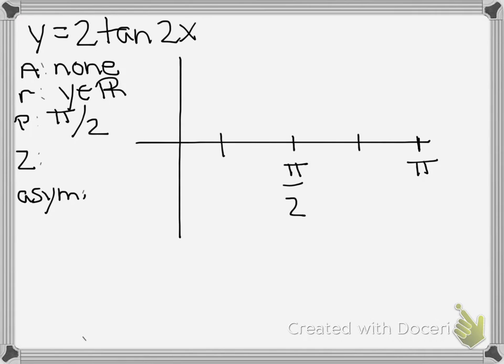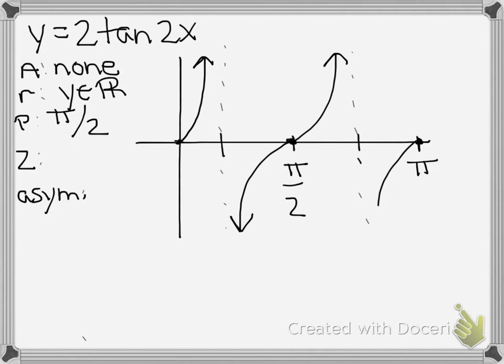But with tangent, your zeros are always going to occur at your endpoints and your midpoint, and your asymptotes are going to occur at these quarter points here. And as long as there's not a negative in front, it's going to go up there, down here, and down here. Be careful when you're graphing the tangent that it doesn't look like a straight line.